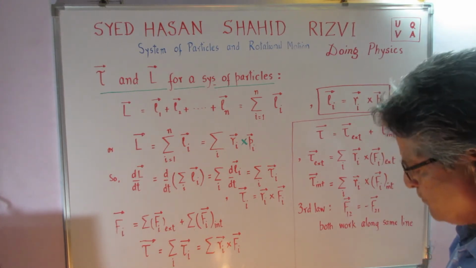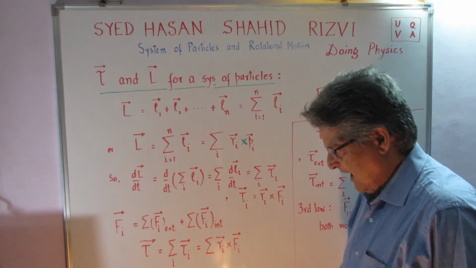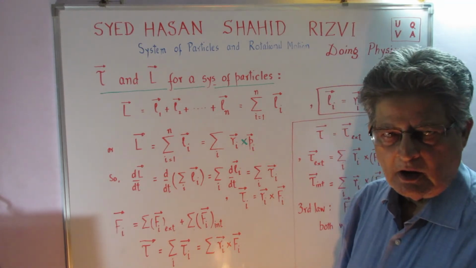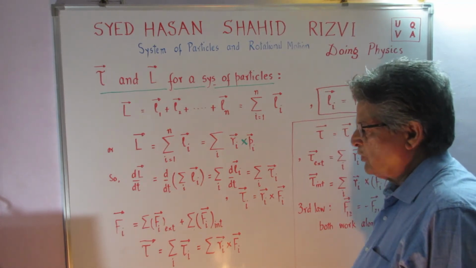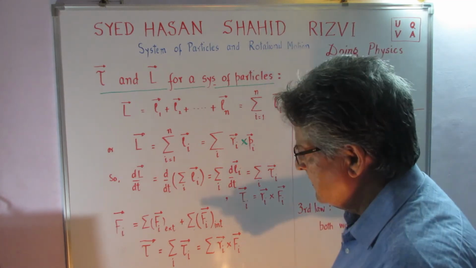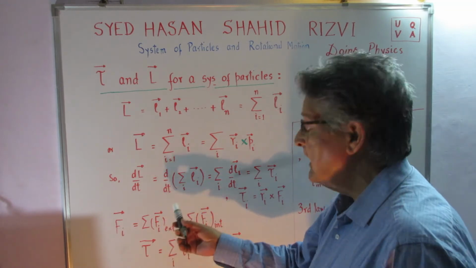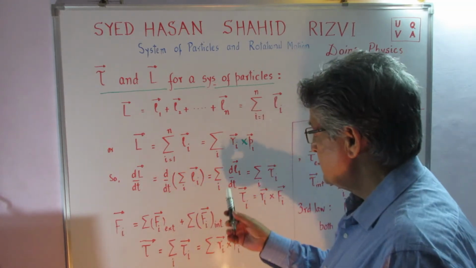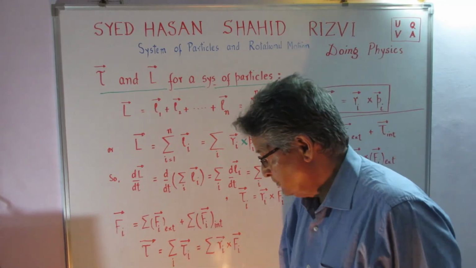Now I can describe the force which has been responsible for the torque as the result of that force which acts in the body. So we find that Fi is equal to sigma Fi external plus sigma Fi internal. What does that mean?